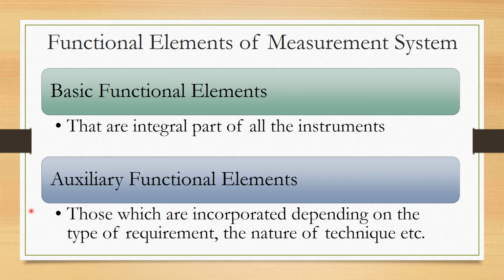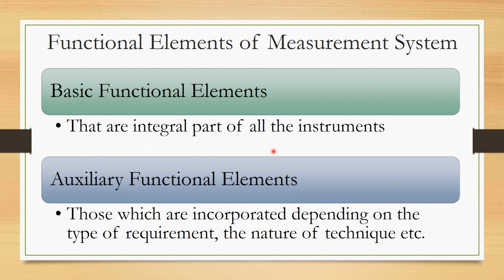A measurement system has two types of functional elements. First one is the basic functional elements and second is the auxiliary functional elements. Basic functional elements are the integral part of all the instruments. That means they are the essential functional elements that will be found in all the instruments.